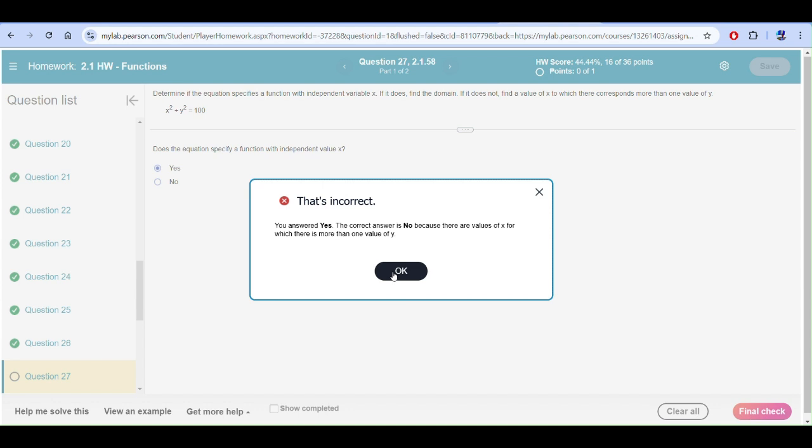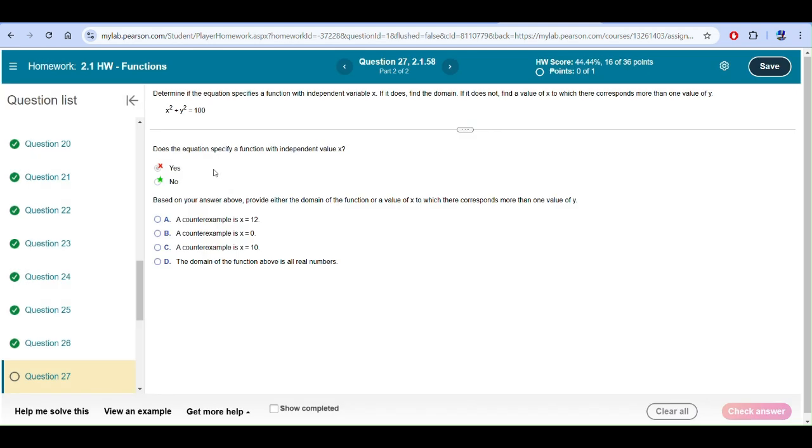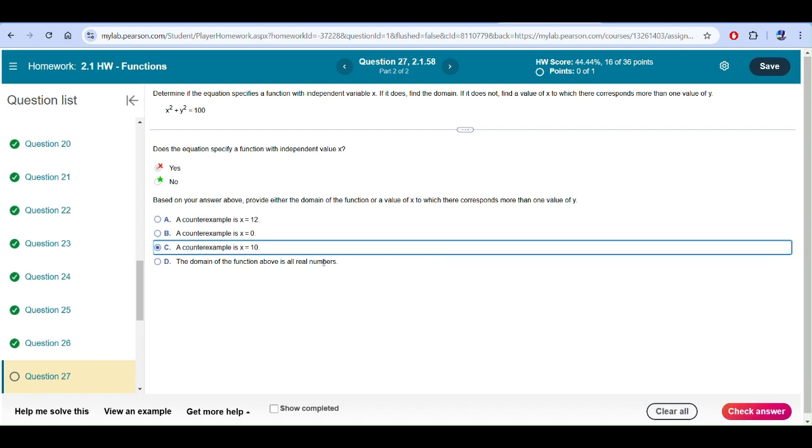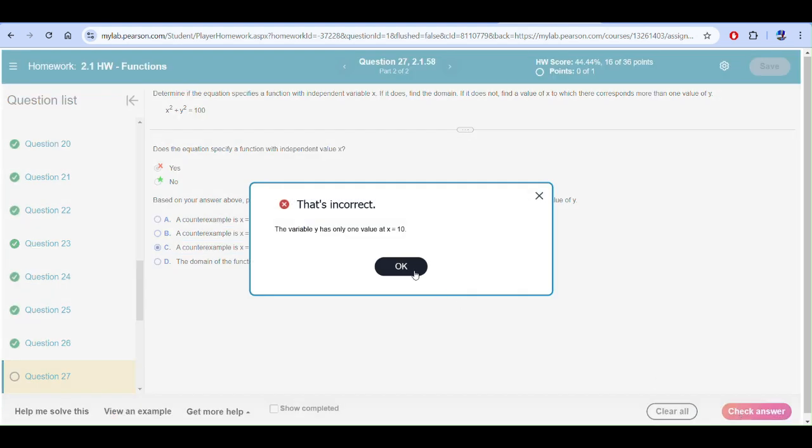Does the equation specify a function with independent variable x? Based on your equation, provide either the domain of the function or a value of x that corresponds to more than one value. The counterexample is 10.